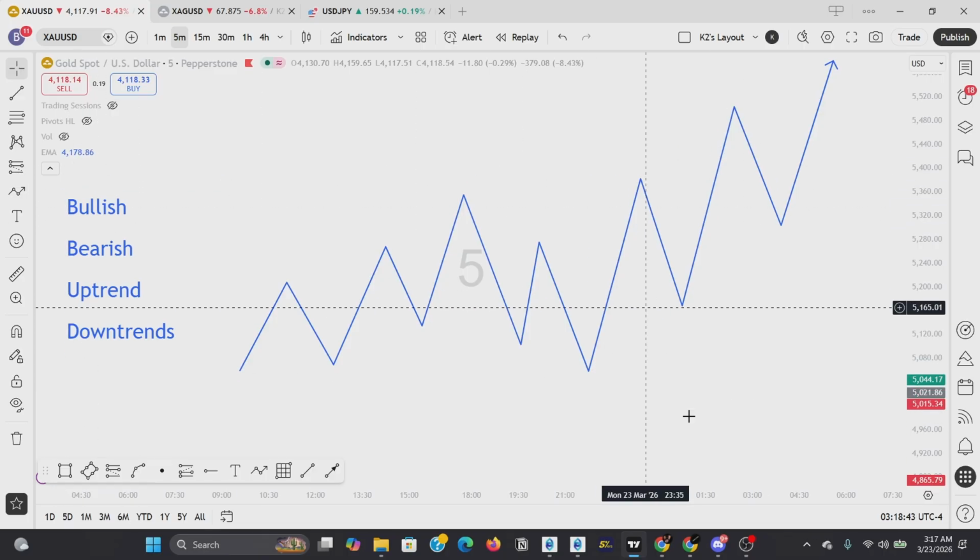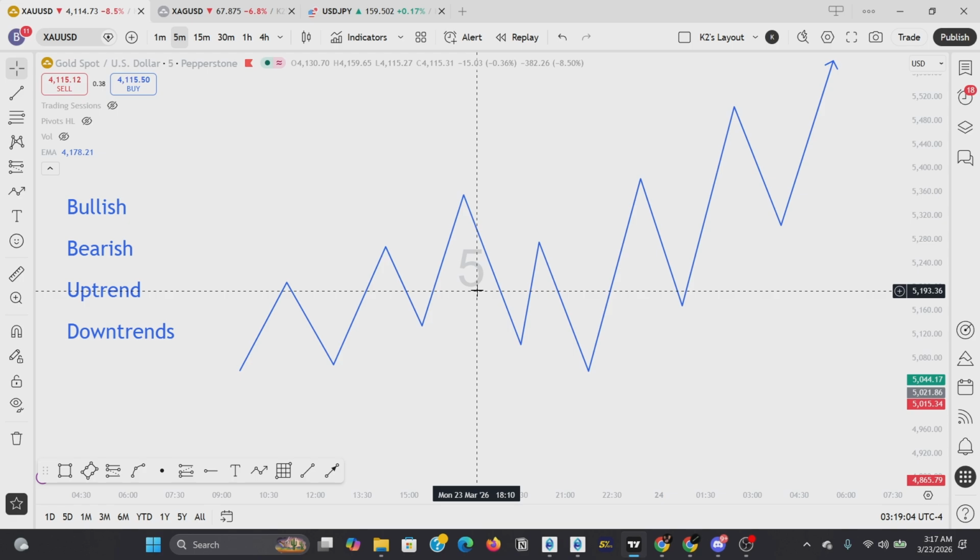Before I even say anything, what do you think this is? Do you think this is a bullish market or a bearish market, for one? And two, can you identify the uptrends and the downtrends? You can pause it and think about it. I'm going to keep going. Let's see if you were right.